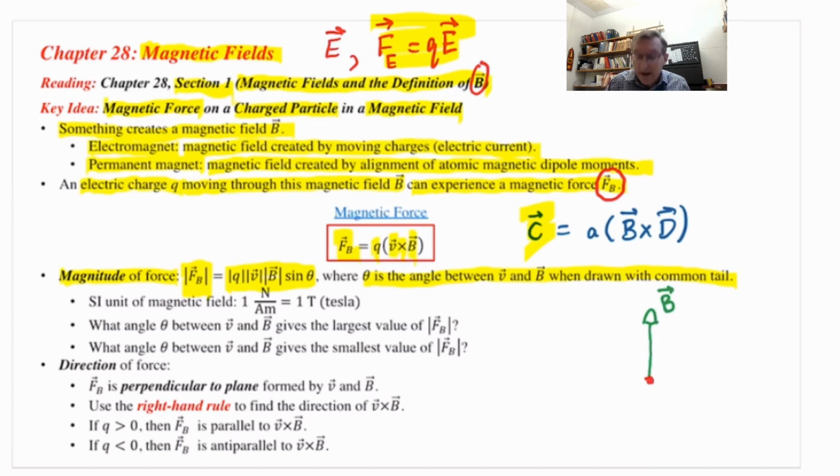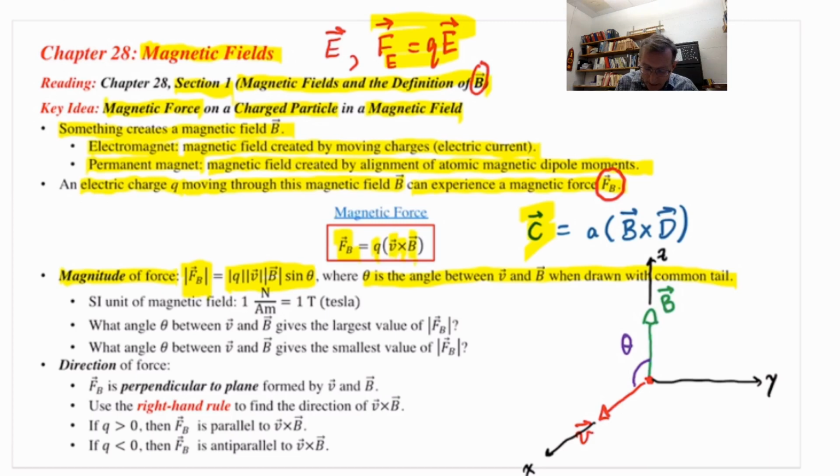There's my particle, and one of the ways I had the v arrow was straight out along x. This is the x direction, not going this way. And then the y was going that way. Then theta is the angle between the v and the B when they're drawn with a common tail. Now that shows theta being 90. It doesn't have to be 90. So that's the formula for calculating the magnitude of the magnetic force. Notice because of the sine theta, if theta is 0, the force is 0. If theta is 90, the force is a maximum.